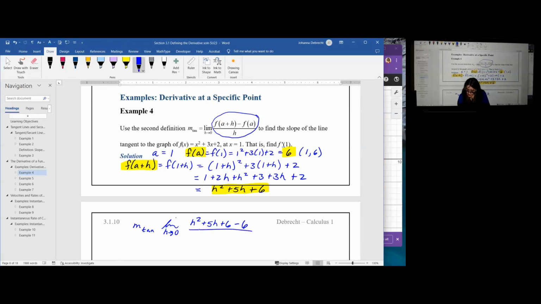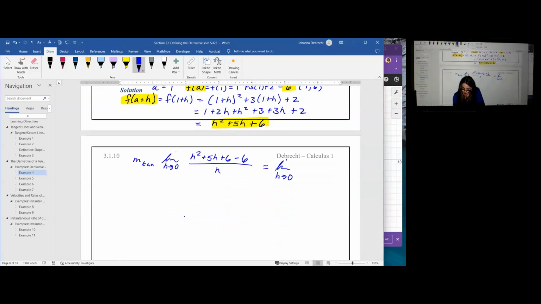All of this is divided by h. The 6 minus 6 cancels, and this gives us the limit as h approaches 0 of h squared plus 5h divided by h.